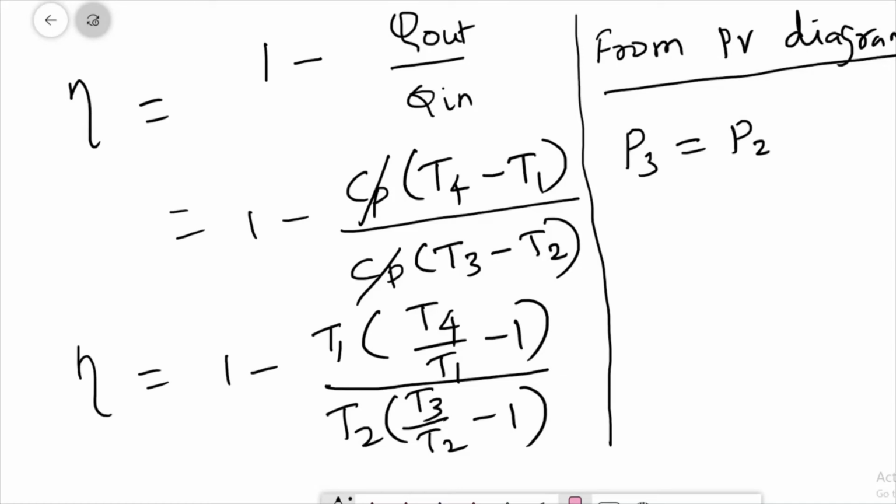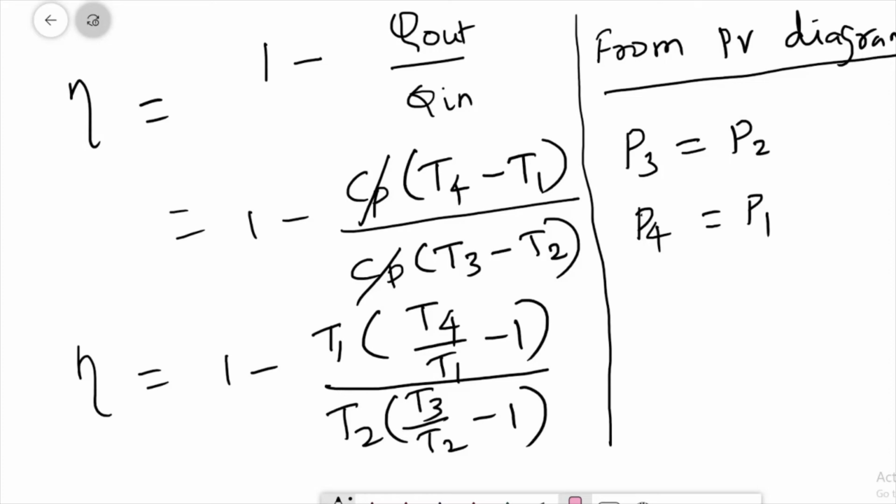So the pressure remains constant between the states 3 and 2. That is why P3 equal to P2, and P4 will be equal to P1. Between the states 4 and 1 it is again a constant pressure process, so the pressure remains constant. So P4 equal to P1. This we need to note down.